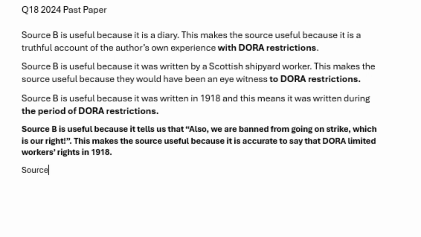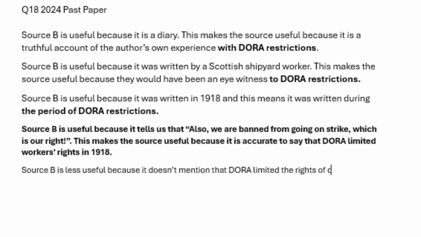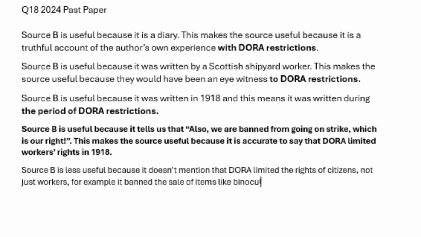So I'm just going to write: source B is less useful because it doesn't mention that DORA limited the rights of citizens, not just workers. For example, it banned the sale of items like binoculars.